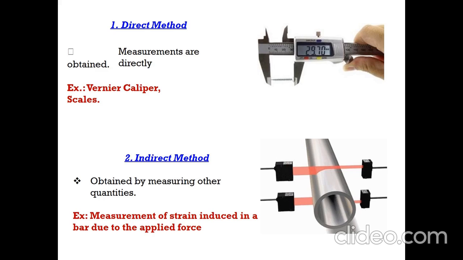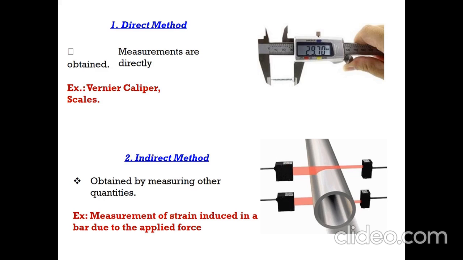For example, measurement by using a scale, vernier caliper, micrometer, bevel protractor, etc. This method is most widely used in production domains. This method is not very accurate because it depends on human sensitivity in making judgments.